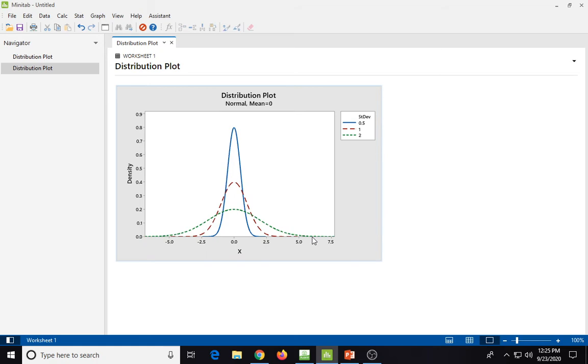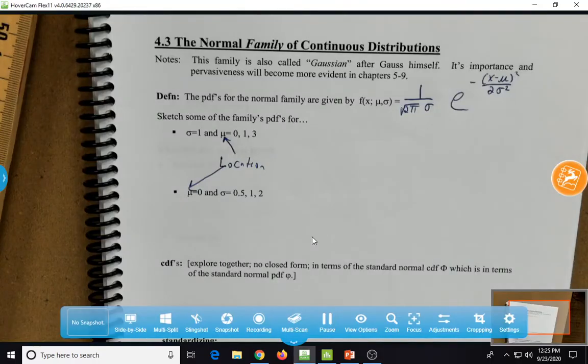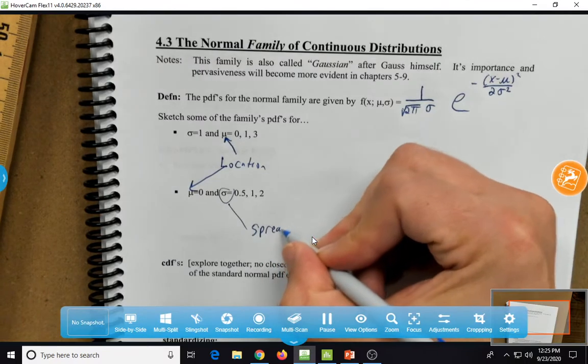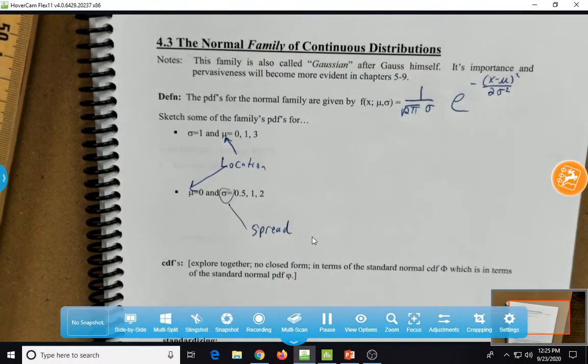Can I switch over to my other screen, or do I need to keep this on? I'm going to shift it. Okay. And then the sigma, or the standard deviation, is the spread parameter. It tells us how wide or how narrow it is spread.